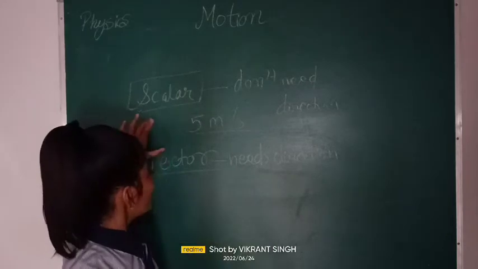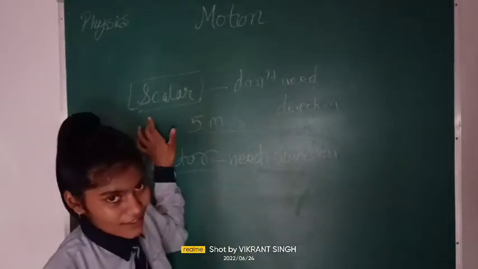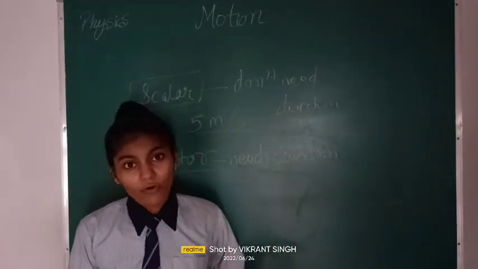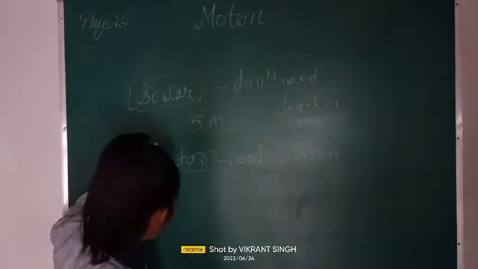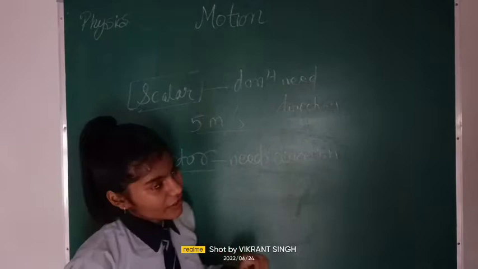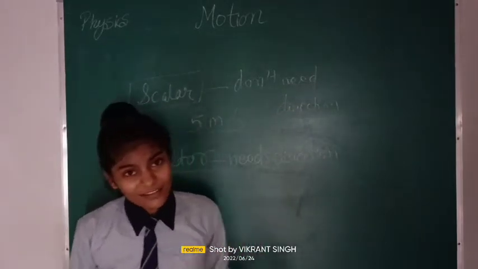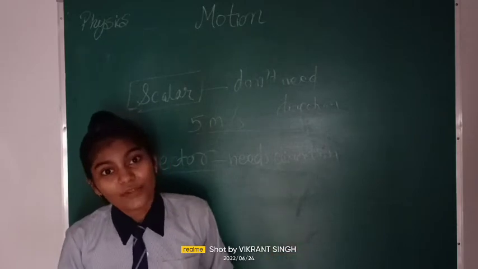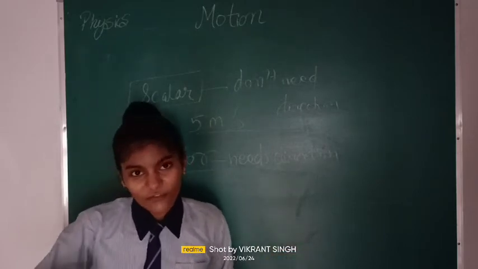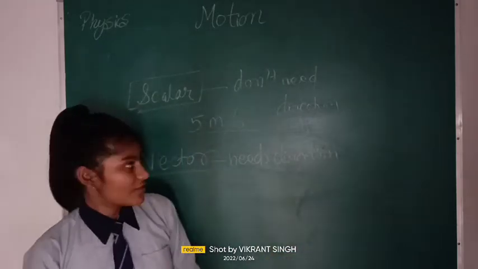No. So that's what a scalar quantity is. Time also doesn't need direction at all. Vector quantities, we will talk about them, like velocity, acceleration, displacement. These are all vector quantities because they need direction to specify them. That's what a vector quantity is.